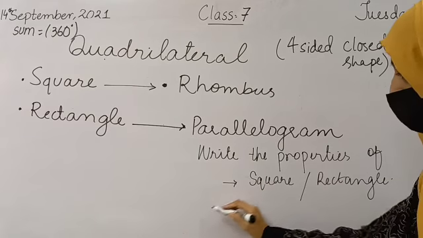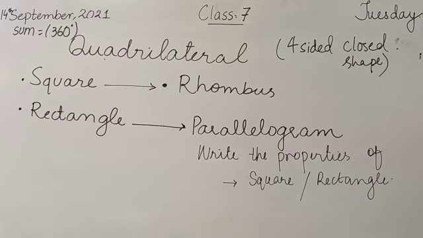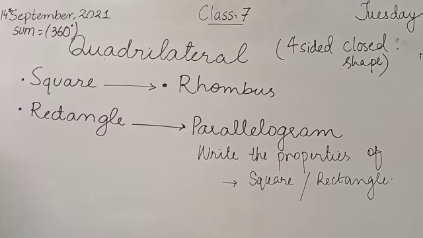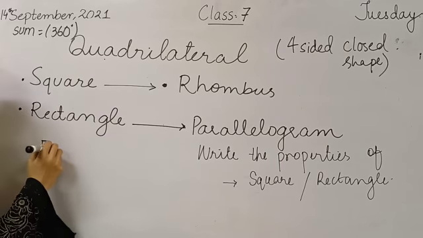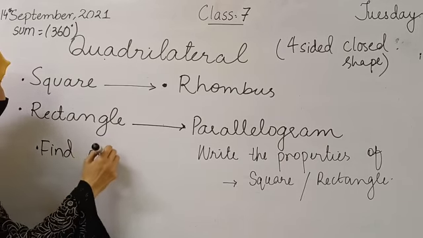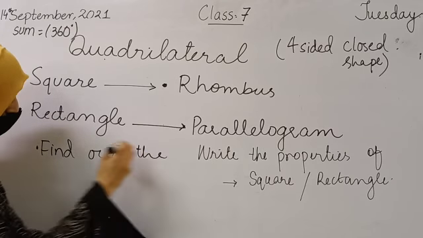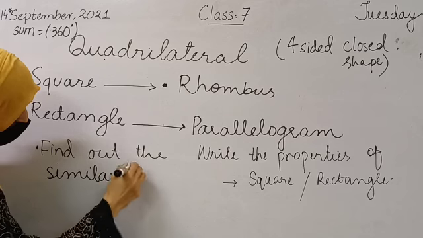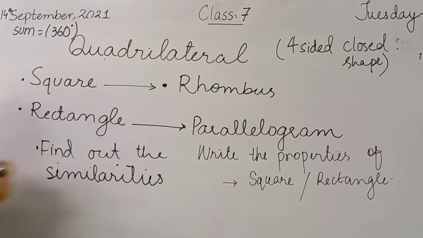This is the first assignment, and the second is find out, observe and compare the square with rhombus, rectangle with parallelogram, and find out the similarities. Okay? Spot out the similarities and then note them down in your copies. This is your assignment.